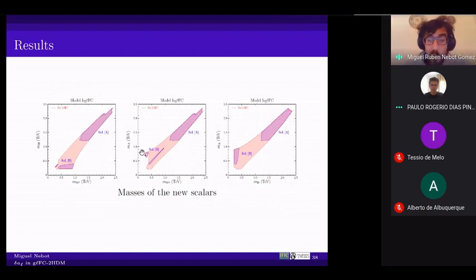If you want to take a look at a more complete picture of what is going on in the scalar sector, you see the allowed regions in terms of the different combinations of masses. And this is also along the expectations. At large masses, you are typically expecting them to be quite close in mass in order to pass the electroweak precision constraints.